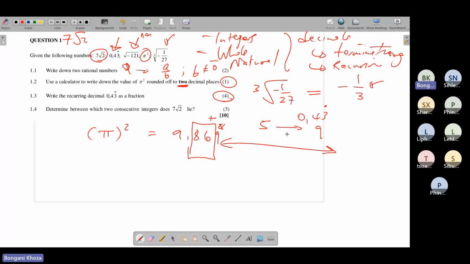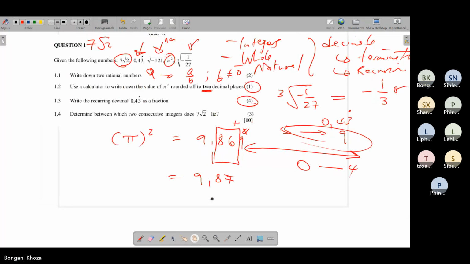So 9 is in this range, so you add 1 to this one. So this ends up being 9.87. But if this was 0 to 4, with 4 included, then this would just be 9.86 only. Does that make sense? Yes. I'm hoping everyone is able to round off.